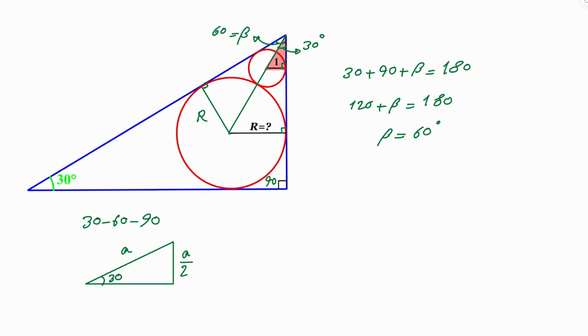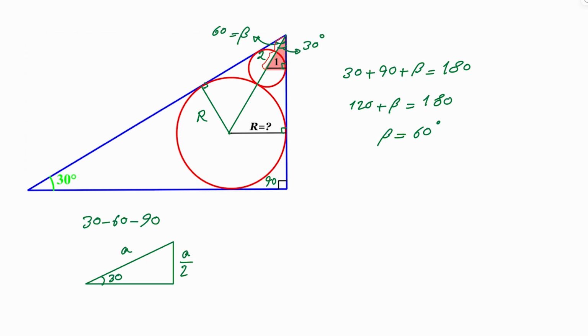So we can use it in this triangle. We know this side, which is 1, is opposite to this angle 30. So this makes this segment 2 times of this length. So we have 2 for this segment.